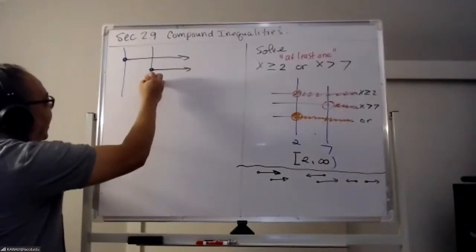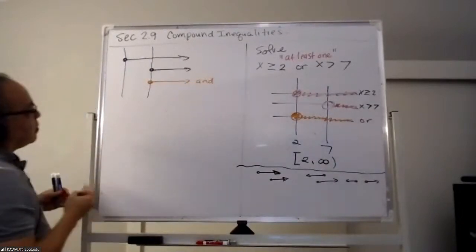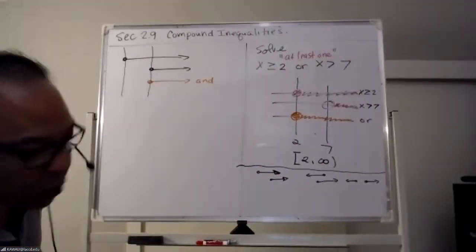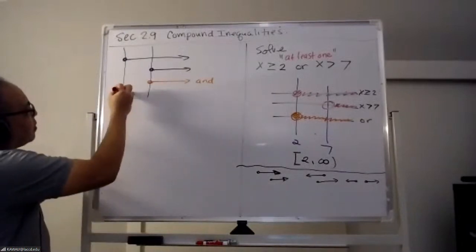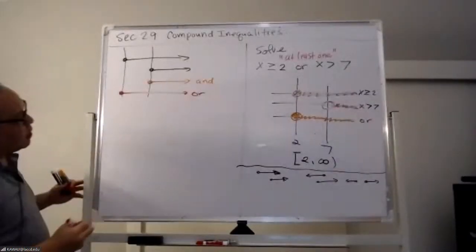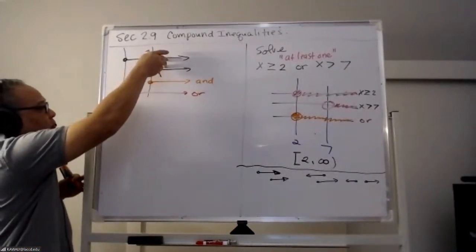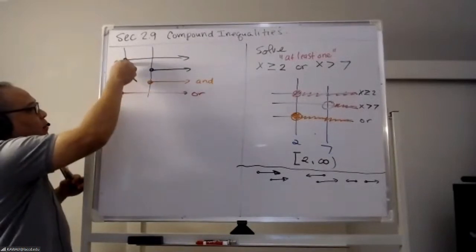If I were to say and, that's what this would be. If I were to say or, that's what it would be. So the and requires two of these to overlap. The or requires only one thing.